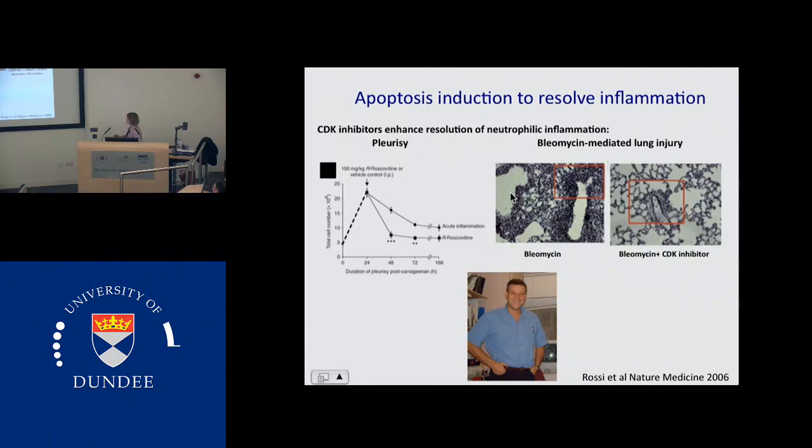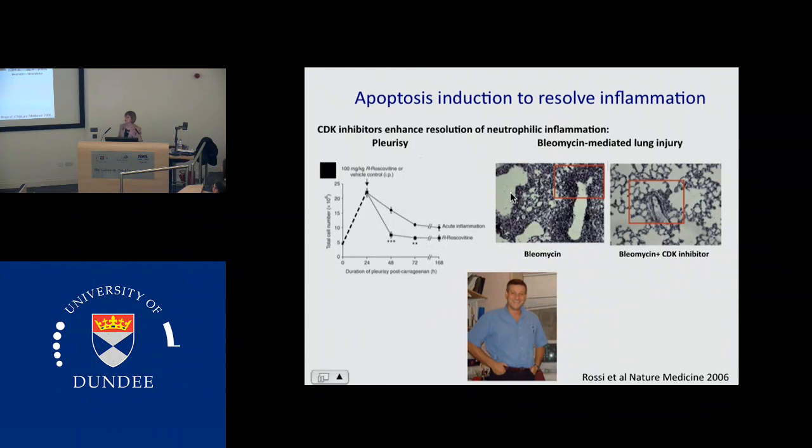And he was able to show that in a number of different models of inflammation, both pleurisy and lung inflammation, by accelerating neutrophil apoptosis, inflammation gets better. So that's an important proof of concept in the field. The snag with this data is that these drugs also accelerate the death of neutrophils in the blood. So they're not specific to the population of inflammatory neutrophils that you would really like to target.